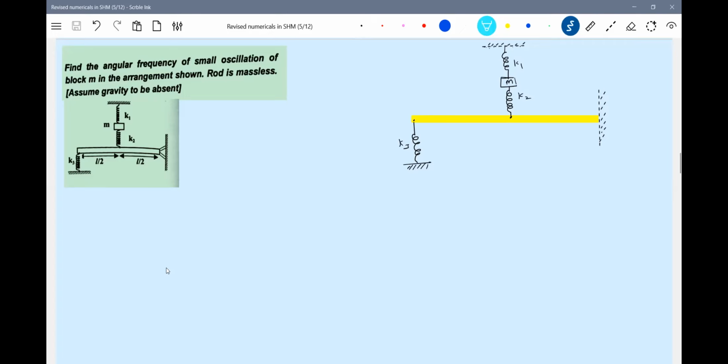The gravity is not there. So what has to be done? Initially there are no elongations or compressions. Now you are just going to pull the block and release. Then you have to find the time period of oscillation of the system.